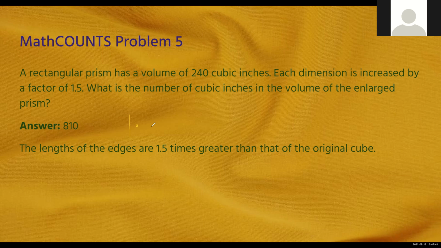Okay, so instead of getting length times width times height, we'd multiply each of these dimensions by 1.5. So we would get 1.5 multiplied by length times 1.5 multiplied by width times 1.5 multiplied by height, right? So that would mean we'd get 1.5 cubed times length times width times height.